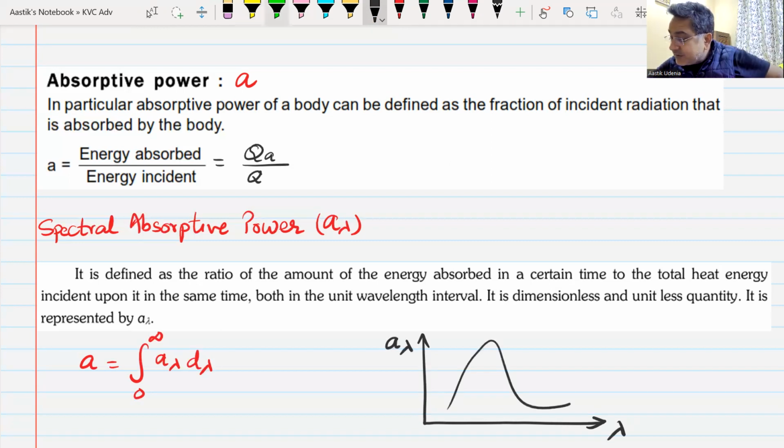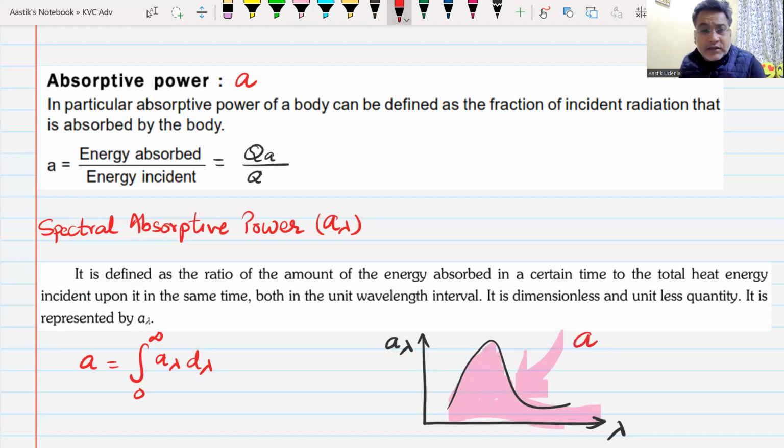Basically it tells what the absorptive power is for different wavelengths. The area under this graph will give me the total absorptive power. Do we understand this?